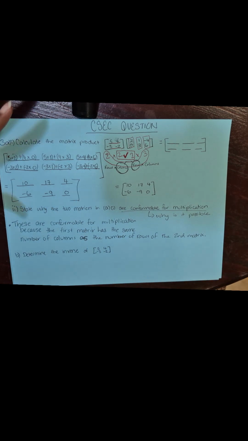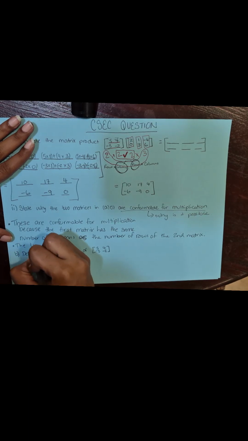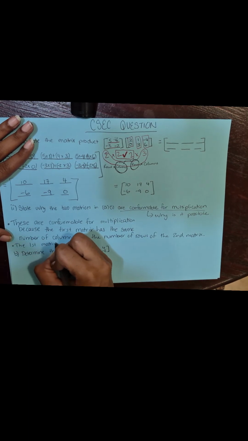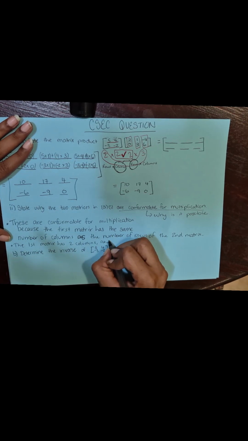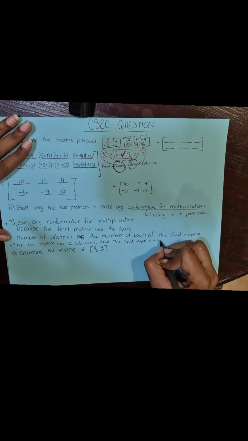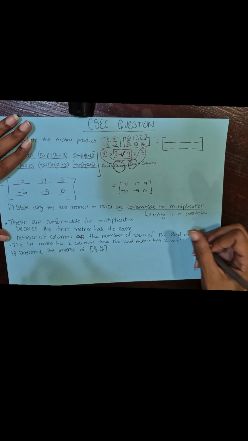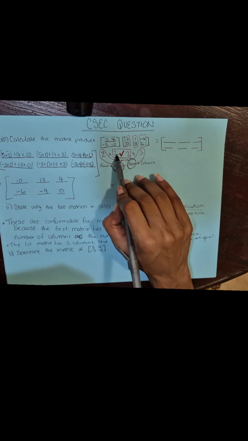If that sounds too complicated, you could say the first matrix has 2 columns and the second matrix has 2 rows. These are equal. Something like that, something to show that you know, because these two numbers in here are equal, that's why they can multiply by each other.